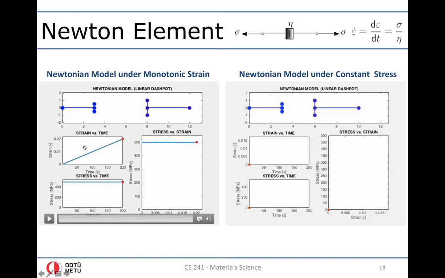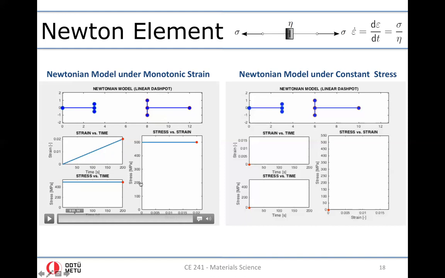That is in contrast with the elasticity. Since the stress is proportional to the rate of the strain, here the slope of this curve is the rate of the strain. This slope times the viscosity will give you the stress, from which you can predict the value of the coefficient of viscosity used for this simulation.